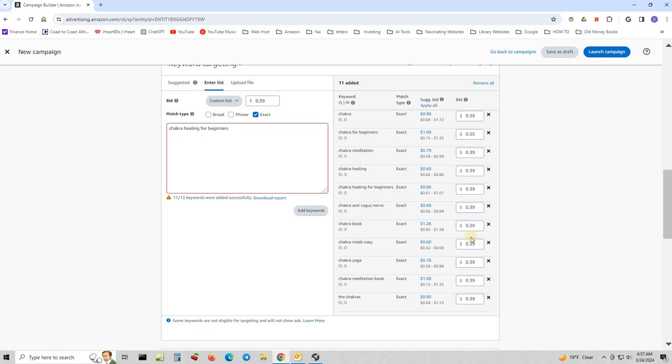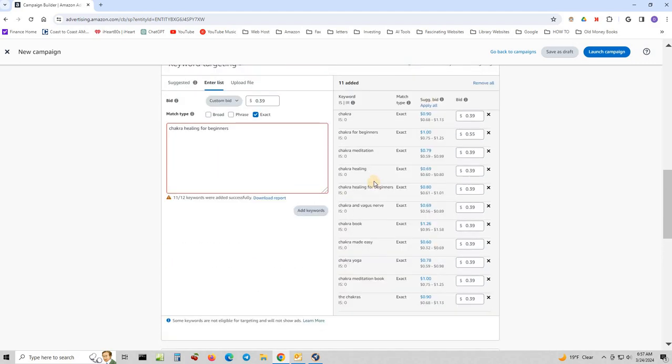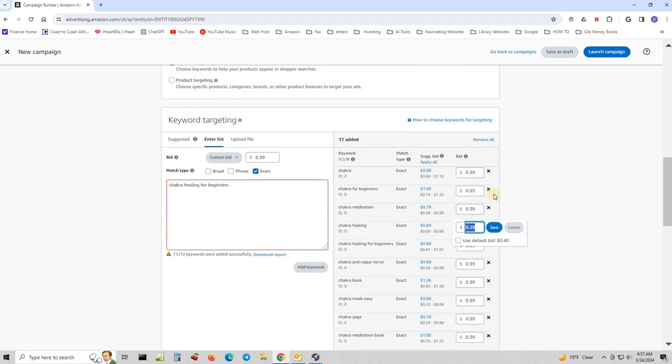So anyways, I'm going to keep most of these the same. 39 cents is a good middle-of-the-road number here. I'm only going to do these keywords. These are where the most buyers are going to be coming through a gateway of keywords such as this. Maybe not so much that. We'll lower that to 25 cents.